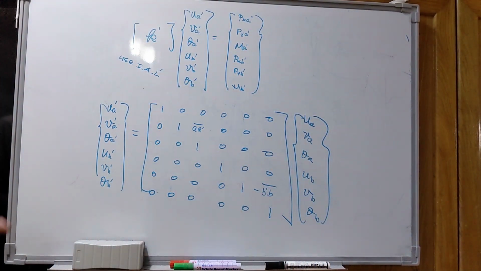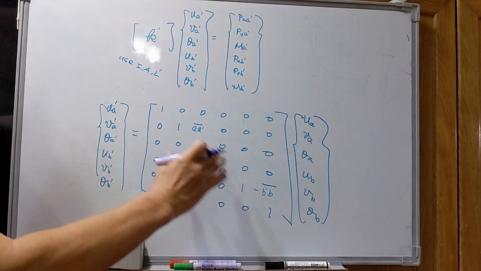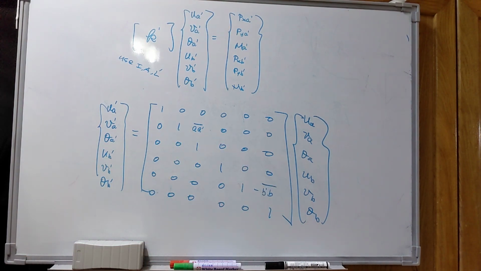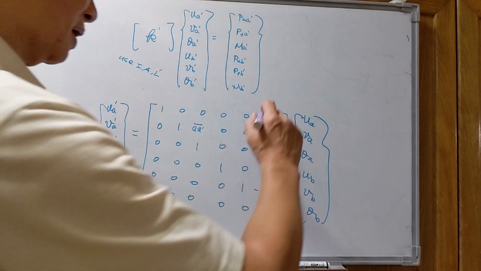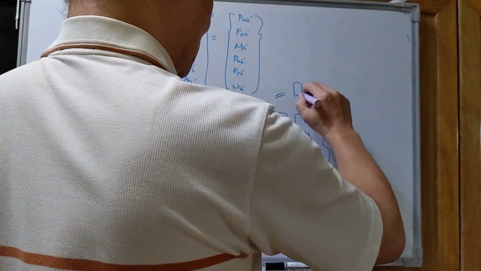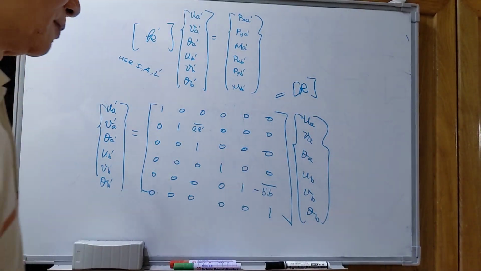Remember, I just put the two obtained submatrices into this one. And let's say this matrix is called the R matrix. This is the R matrix.